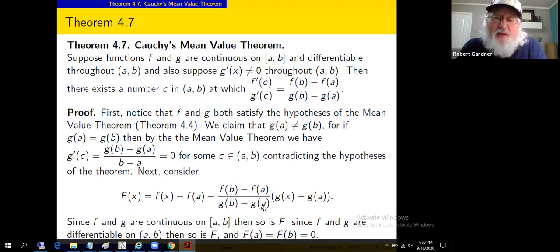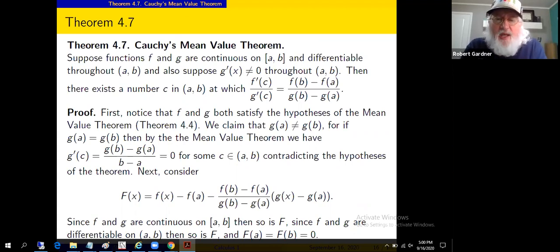If x equals B, these two will cancel out. And then you'll have f of B minus f of A minus, parentheses, f of B minus f of A. This having canceled, that'll give you 0 again. So when you plug A into capital F, you get out 0. When you plug B into capital F, you get out 0. So, clever choice of capital F, I guess.